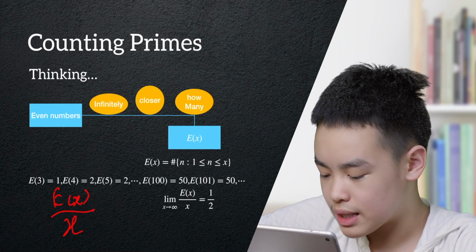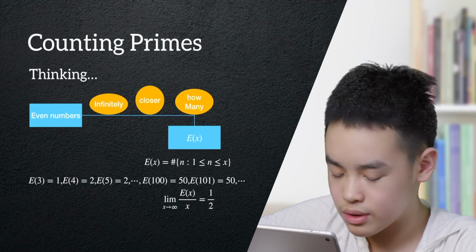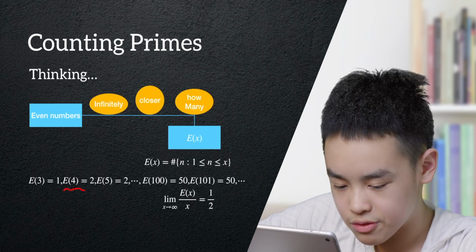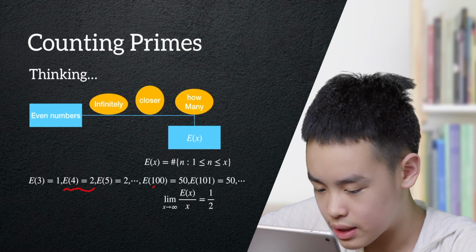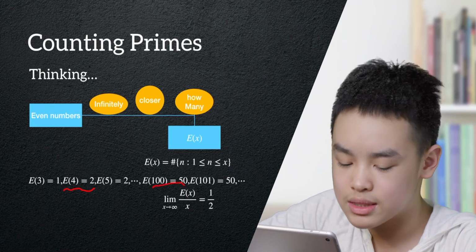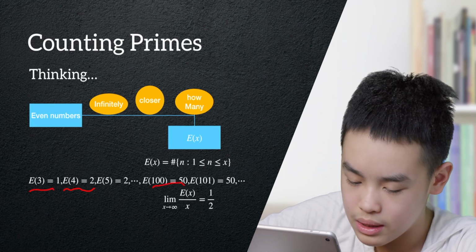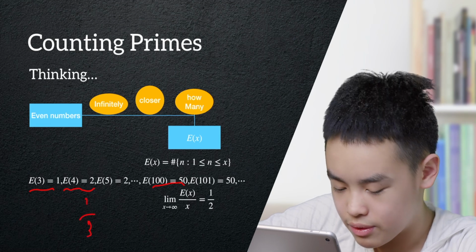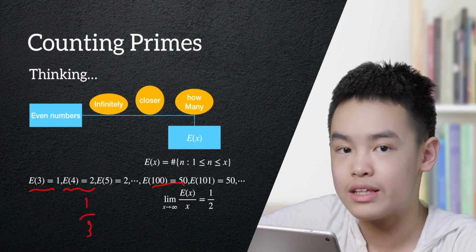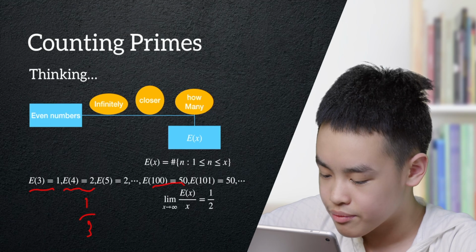We can't say that it's always 1 over 2, in cases of E(4) and E(100). There are always other cases. For example, E(3), which is 1 over 3, which is definitely not 1/2.